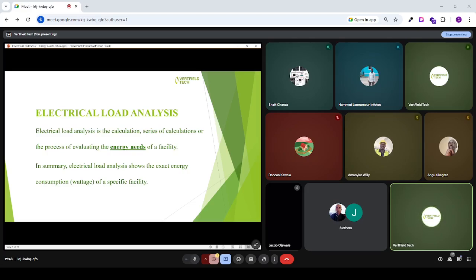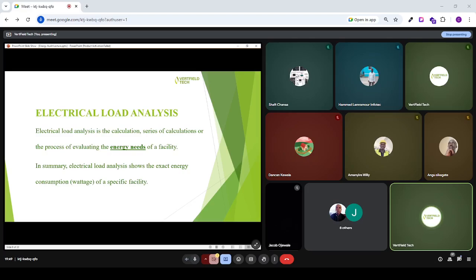Now, in taking care of your energy needs, there is a process, a procedure, which takes care of calculating or designing for the energy need of your facility. What is that thing called? Electrical load analysis, or in short, load analysis. So load analysis is a series of calculations or processes of evaluating the energy need of your facility.